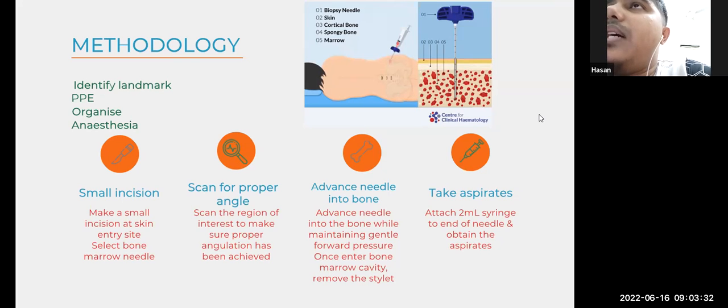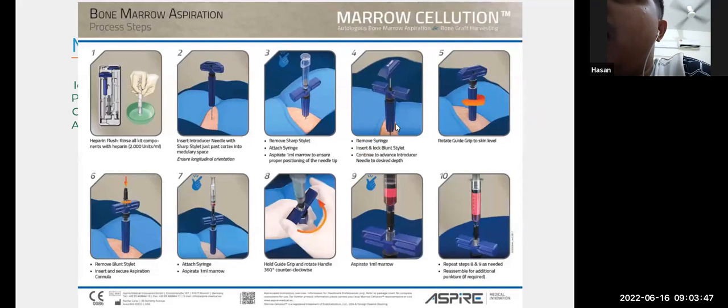Okay, so up, down, left, right, and then after that, we take out the syringe and make a small incision. Once we make a small incision, we can put in our needle. This is the technique. Then we can aspirate.